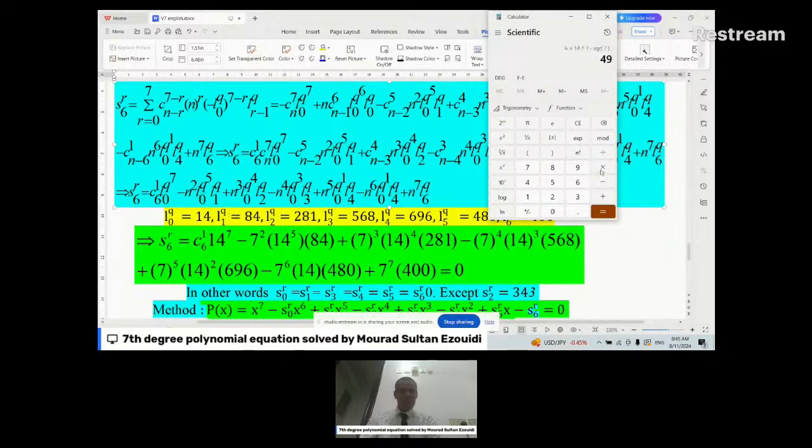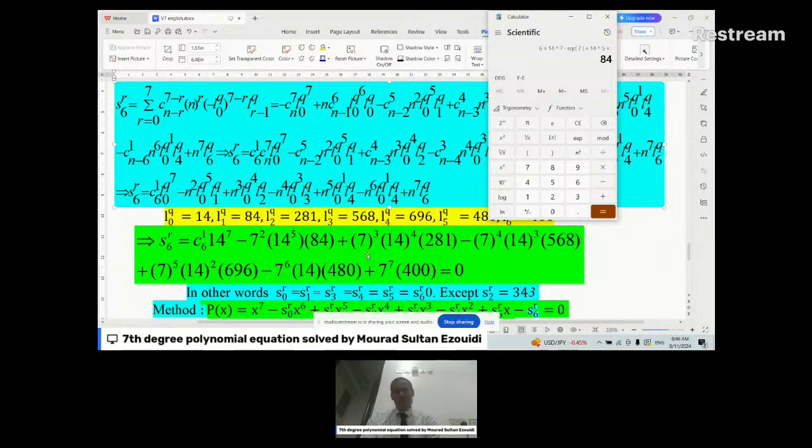Times 14 raised to the power 5, because this is L0 of the Q raised to the power 5, correct? Okay, times 84. Why 84, learners? Because L1 is 84 and here is L1.